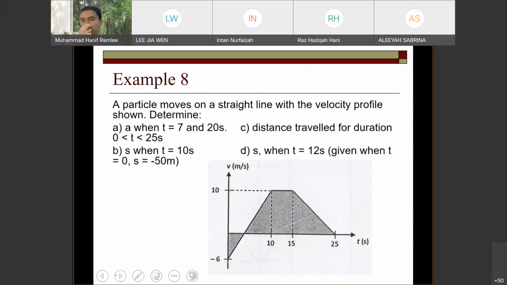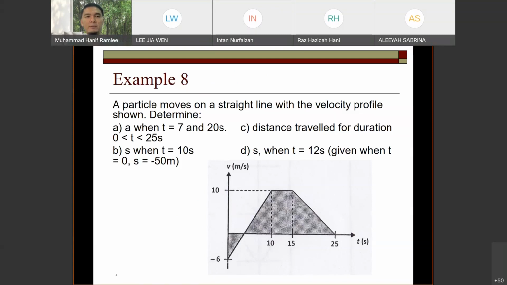Let's move on to example 8. This example is the same as the previous lecture, last week's one, but we are using a different method, of course. Last week we developed the equation from the graph, and then we got the answer.